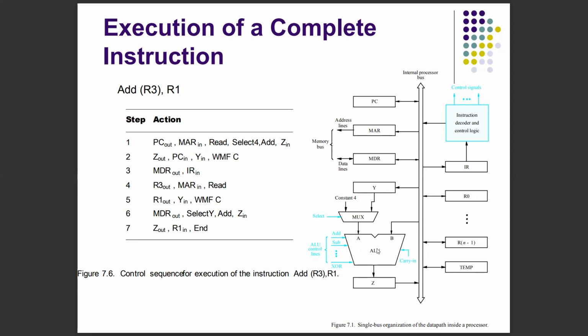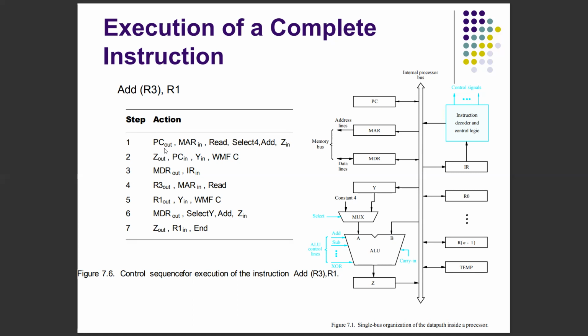By this way, we get the next executable address, which is forwarded to the Z register via Z in and Z out. That value goes to Y in, and also into the PC.